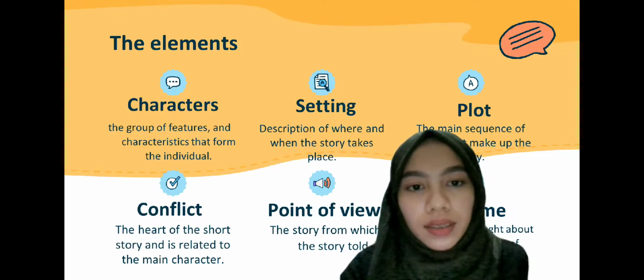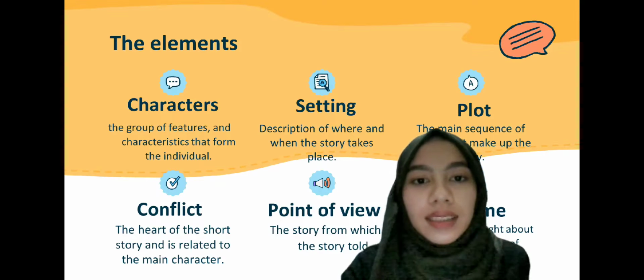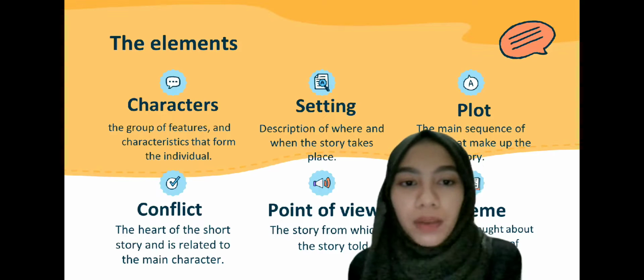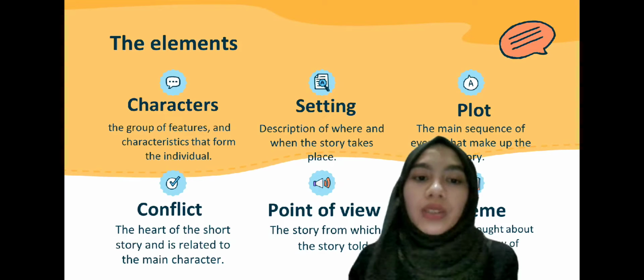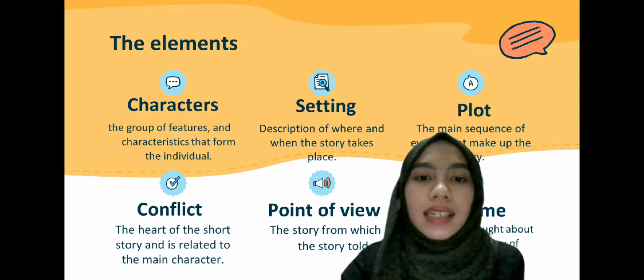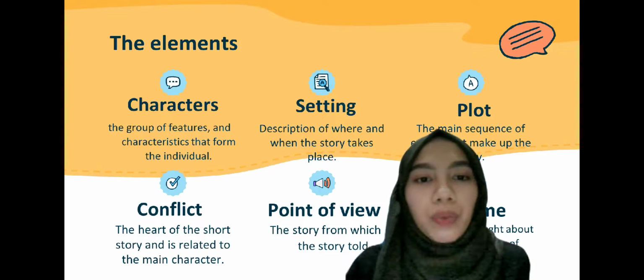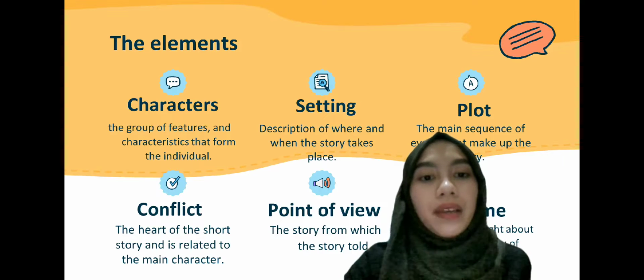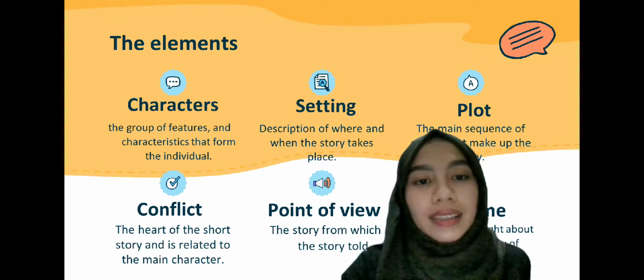And next is setting. Setting is a description of where and when the story takes place. The setting of a story is the location where a story takes place. This setting can be anywhere. It could be your home, school, or a magical kingdom far away. Every story has a setting.